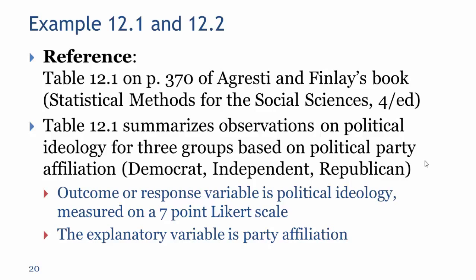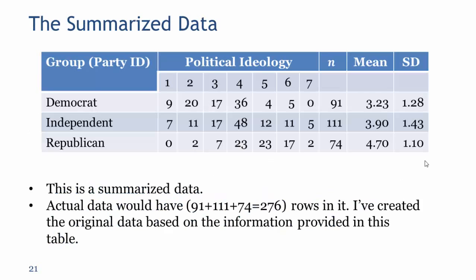And the explanatory variable or the regressor variable is party affiliation. So party affiliation is a categorical variable, and the response or the outcome variable is quantitative, measured on a 7-point Likert scale.